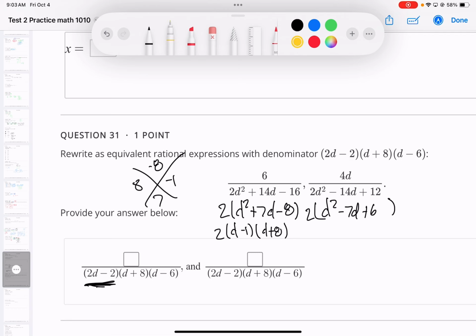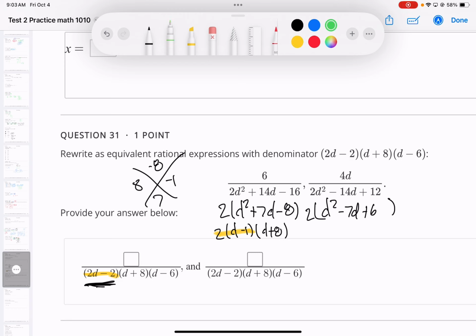So what I'm trying to say is this and this are the same. Okay? Do you have to write it a certain way? We're going to figure out what factors are missing from each one and then just multiply them.